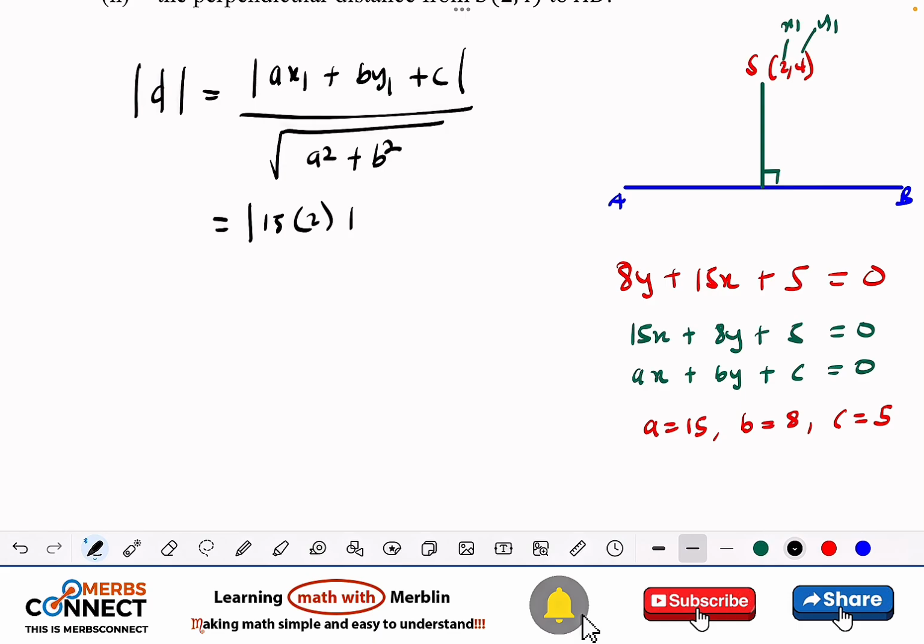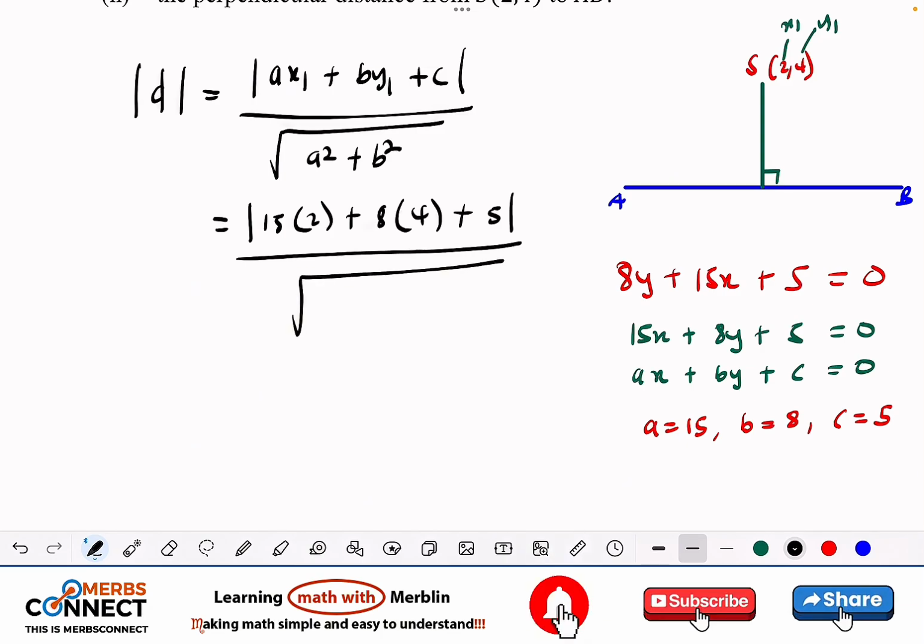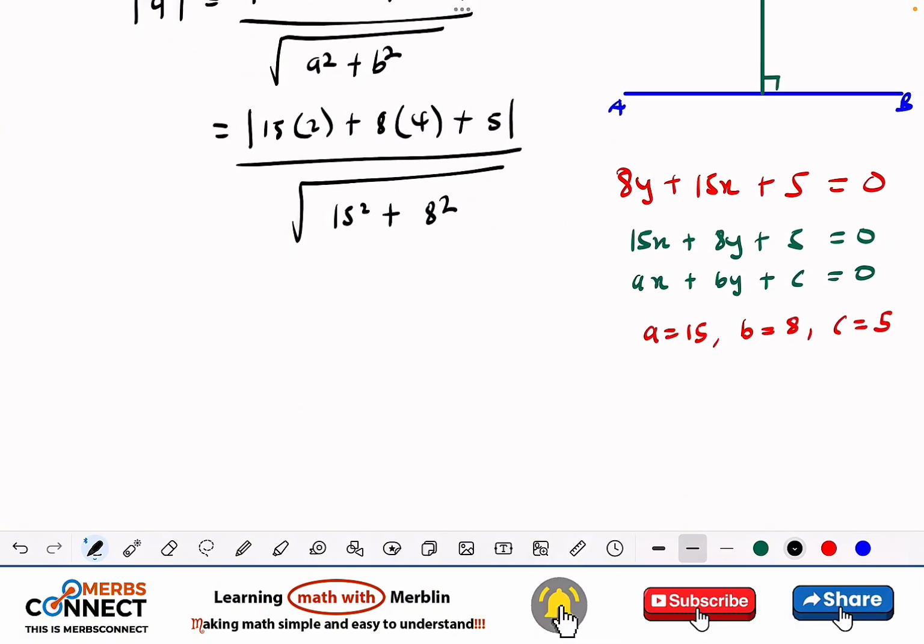Then plus b, which is 8, and y1 is 4 from there, plus c, which is 5, all divided by root of 15 squared, plus 8 squared. Good. So let's multiply this, and multiply that.